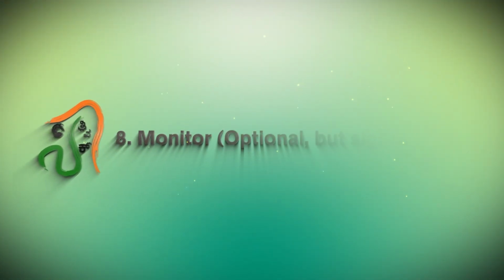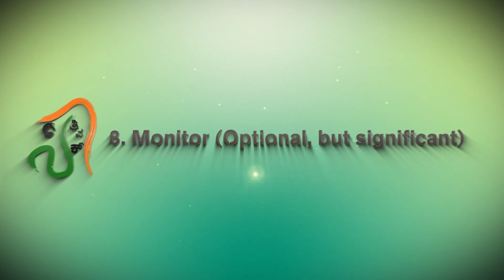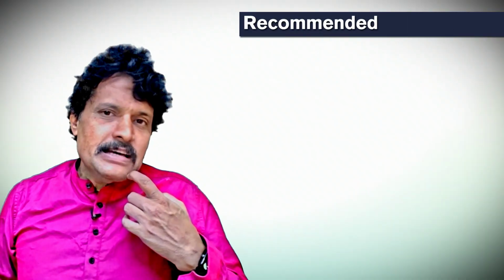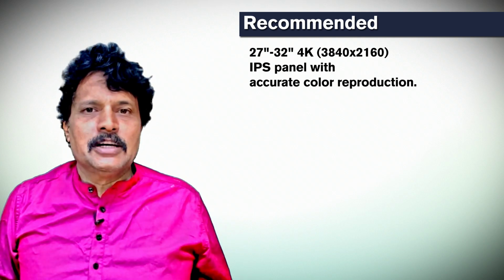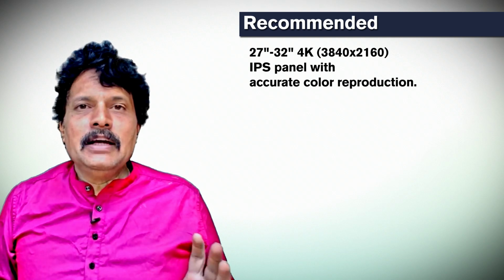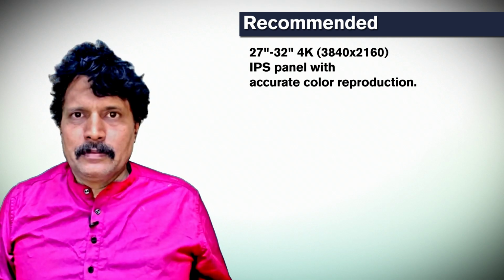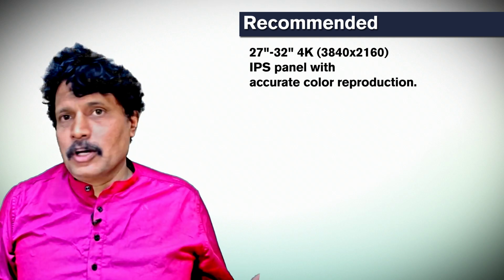Now, the eighth component we are going to discuss is the monitor. This is optional, but it is very significant. Actually, you are recommended to have at least a 27 inches to 32 inches 4K monitor with 3840 by 2160 support, IPS panel with accurate color reproduction.